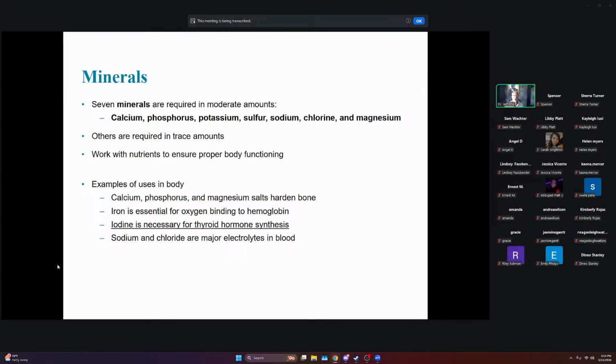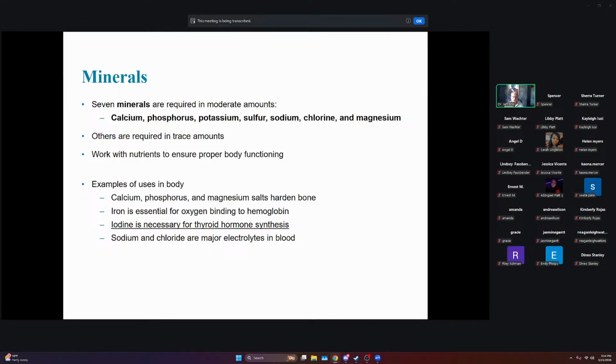All right, minerals. There are only 7 minerals that we technically require at moderate levels, at least. And these are the minerals, the molecules that we've talked about throughout Bio 210 and Bio 211, things like calcium and sodium and potassium and chlorine.